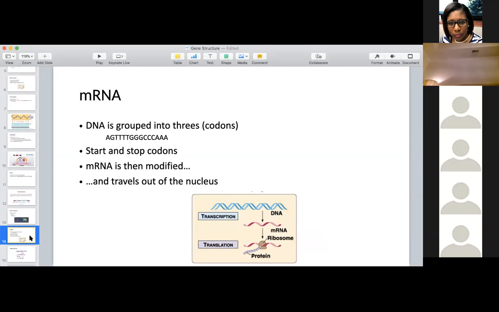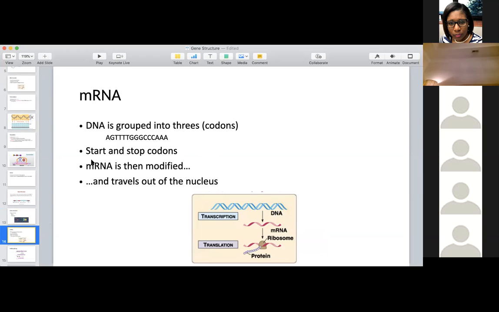So how do we go from the information in our DNA to messenger RNA to protein? Okay. So once we have our DNA grouped into threes, into groups of three, we call those codons, okay? We have the designation of a start and stop codon at the beginning of each gene, okay?